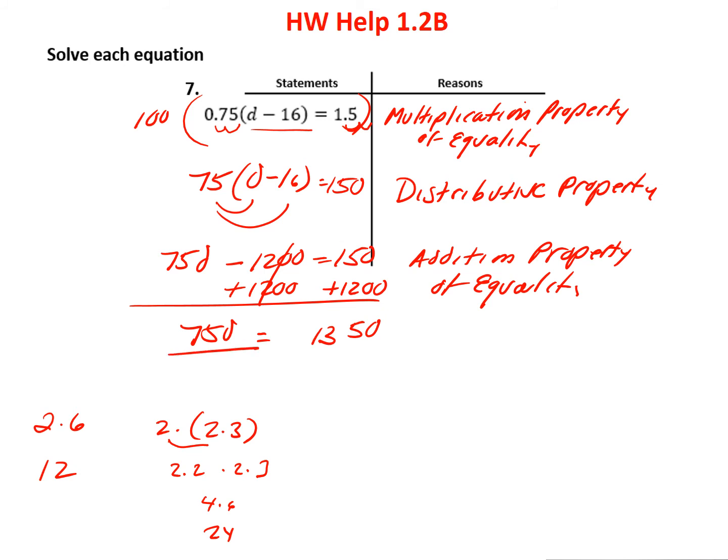So now we'll undo this by dividing by 75. And we get that d equals, let me look at my calculator, 1350 divided by 75. And d equals 18, and there's my answer. So again, just to point out, remember that when I have two numbers multiplied together here, this and this expression, I only multiply the 100 times one part of it, not both parts.